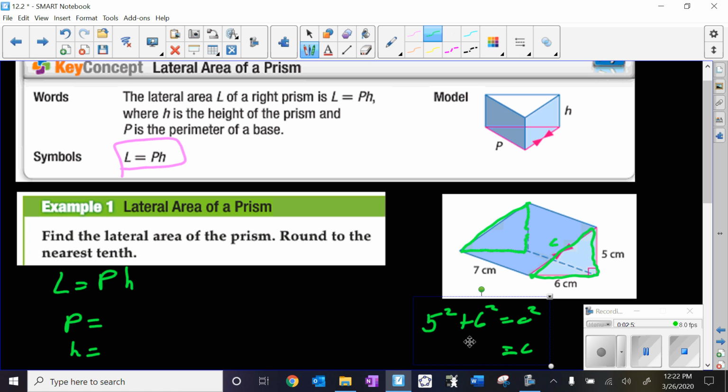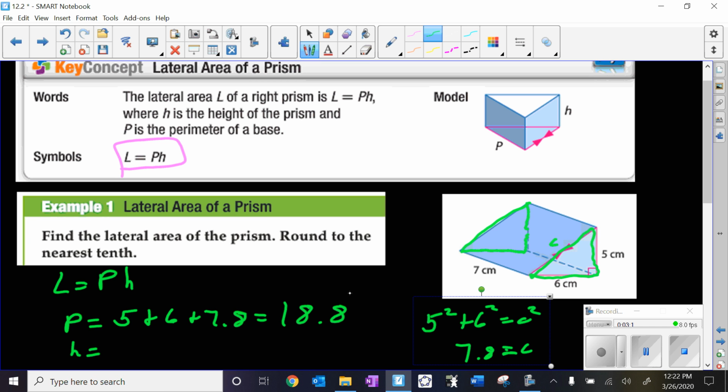Actually, I do have it. It's going to be 7.8 for C. Okay, so for your perimeter, we're going to take 5 plus 6 plus 7.8, which is going to give us a value of 18.8 for your perimeter.